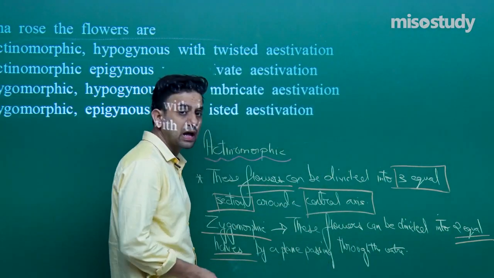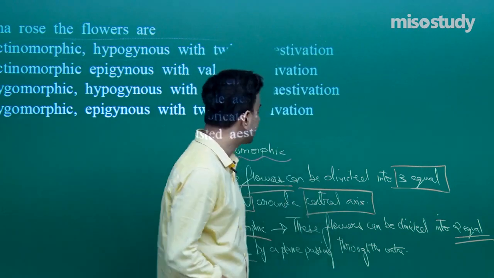That means the zygomorphic flowers are identical to bilaterally symmetrical.